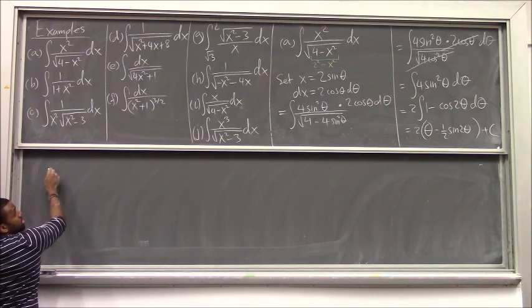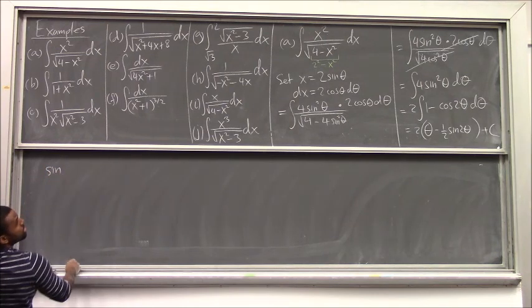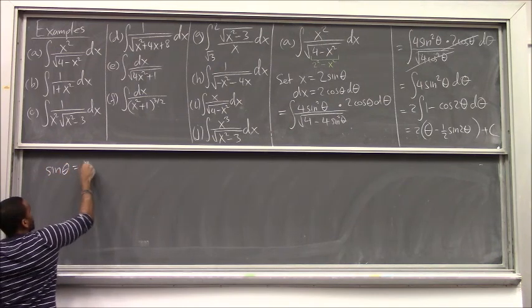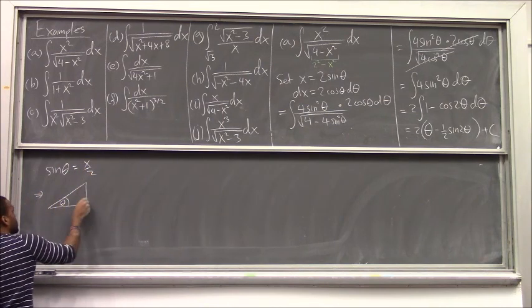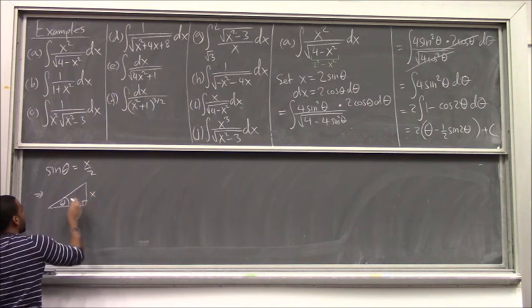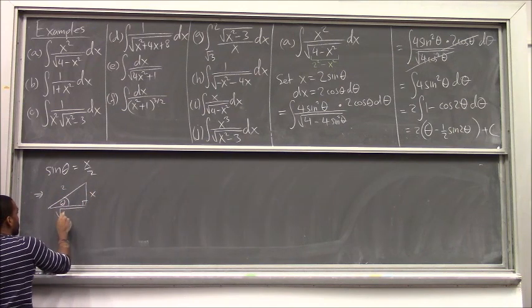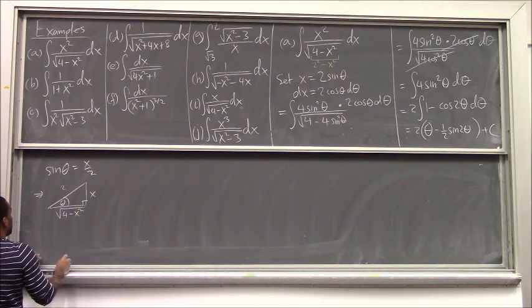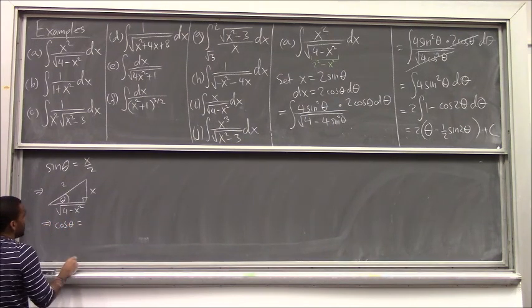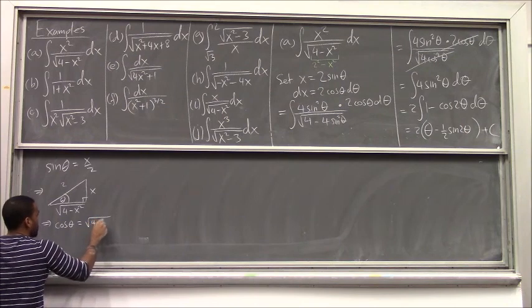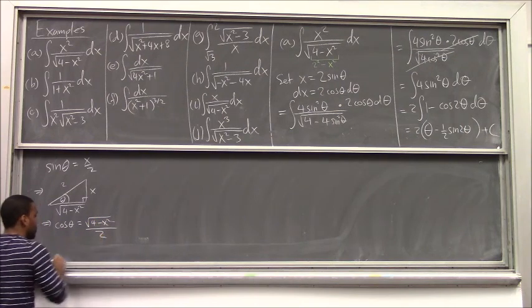Since my sine of theta is equal to x over 2, I can construct a triangle. Opposite over hypotenuse, this is going to be the square root of 4 minus x squared, which means my cosine of theta is going to be adjacent over hypotenuse.